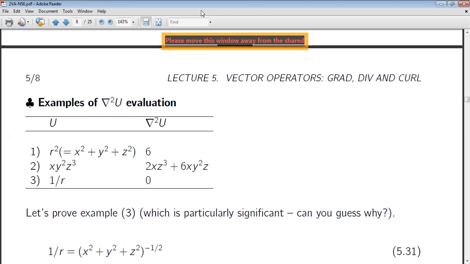Have you got my point? The value of capital U equals x y square z cube. Then the value of del square U by Nabla square U is what? The answer is given. What you have to do is check whether the answer is correct or not. Check it. I will give you 2 minutes.